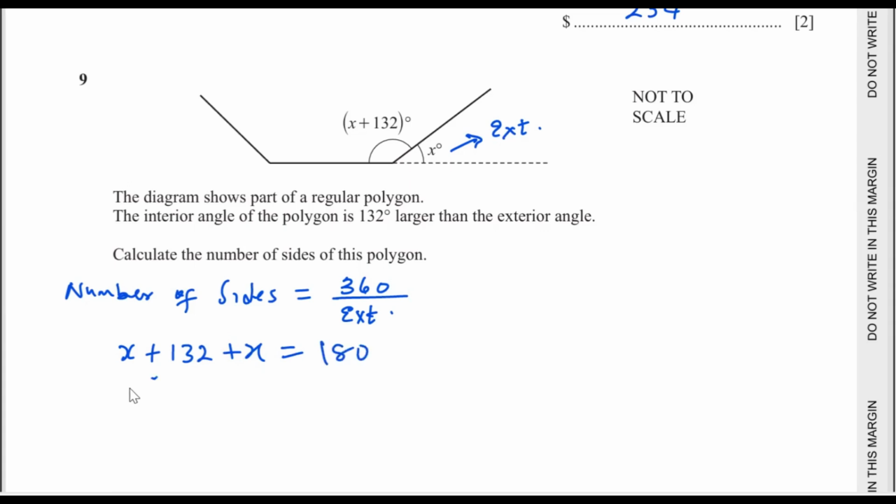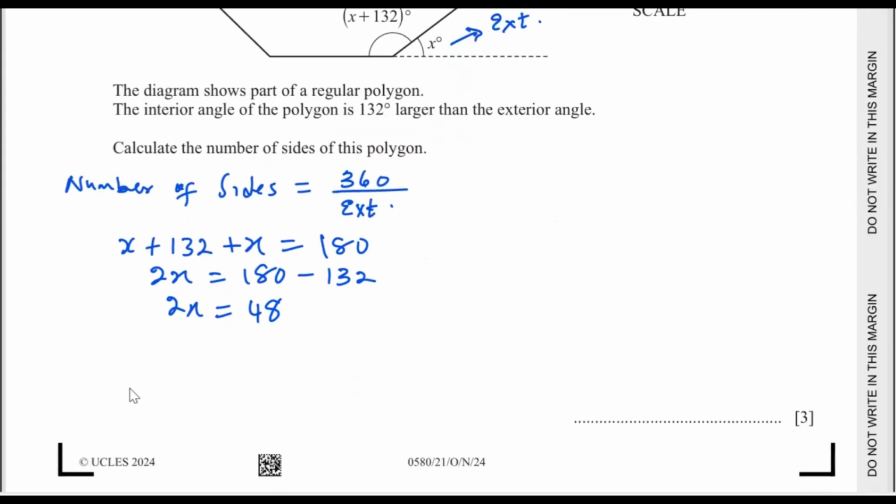So we have 2x equals 180 minus 132 degrees, which will give us 48 degrees. Then 2x all over 2 is going to give us 48 degrees all over 2. Therefore, x is 24.